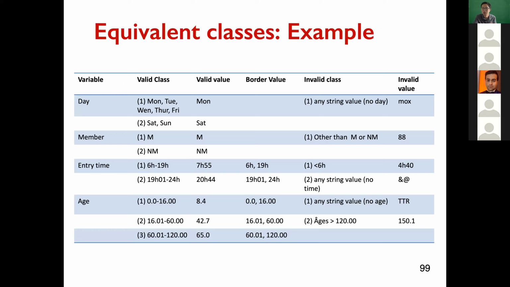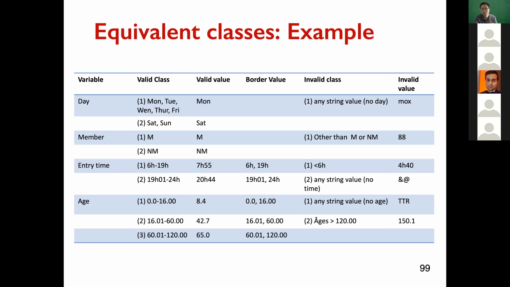That is one equivalence class, and Saturday and Sunday is another equivalence class. And the invalid class can be any other string, right? How about the valid values? The happy way can be Monday, Tuesday, or any other day, right?